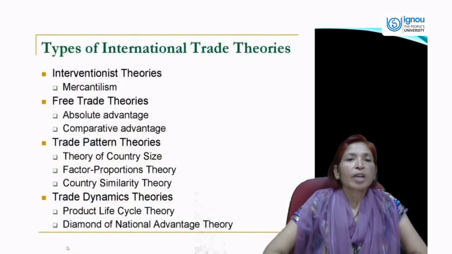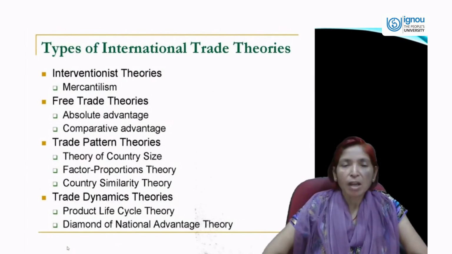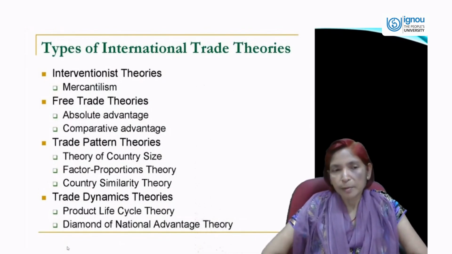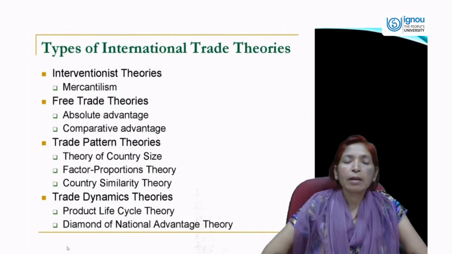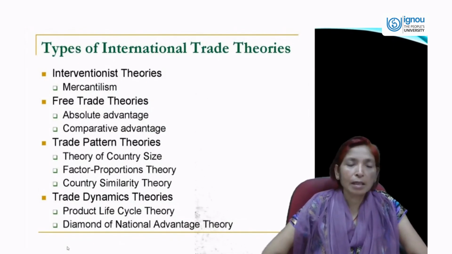Next is types of international trade theories. How many types of international trade theories exist, and what do these trade theories tell us about international trade? First is interventionist theories. In this theory, we will study mercantilism.